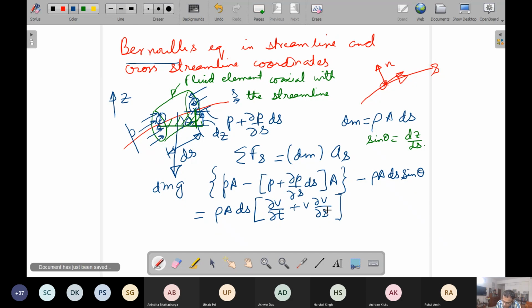So you can write here, and first of all you can cancel certain things. A can be cancelled from all the terms. There is a g here which I missed: minus rho g sine theta if you substitute. ds also you can cancel from all the terms.